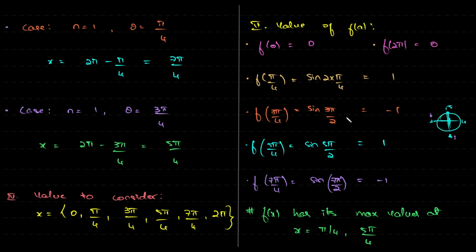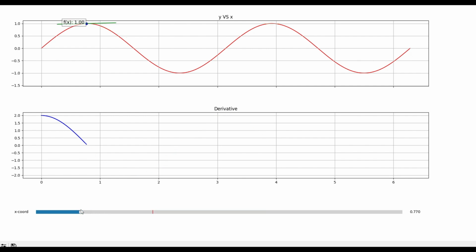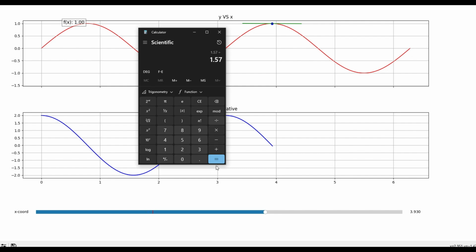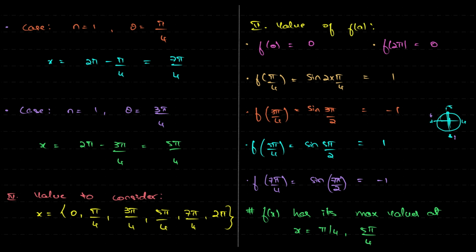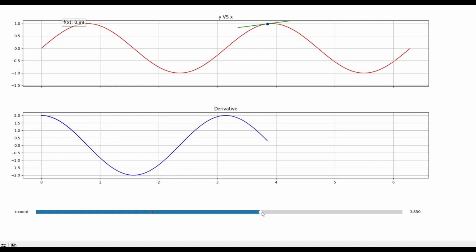Pi by 4 is 45 degrees, so in radians it is 3.14 divided by 4, which is 0.78. And this other point, I have to multiply by 5, giving 3.925, and again we can see that it is almost the same, 3.925.